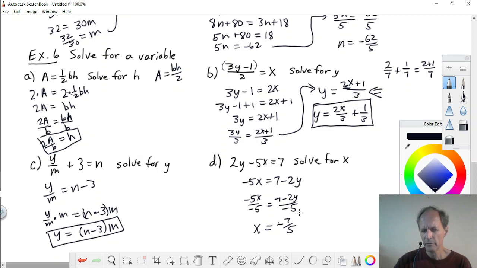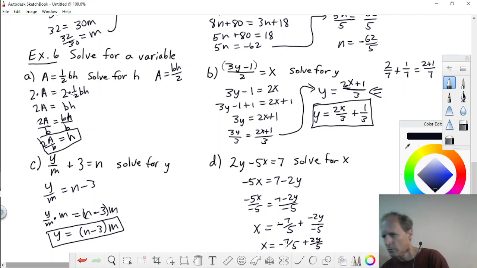And then you would have plus -2y over -5, but that's kind of unnecessarily complicated, right? So the negatives cancel, and you just call it plus 2y over 5. 7/5 plus 2y over 5.